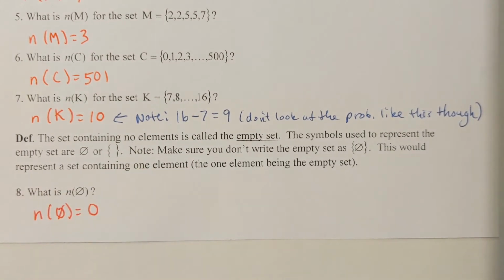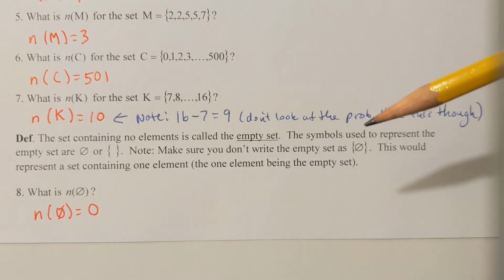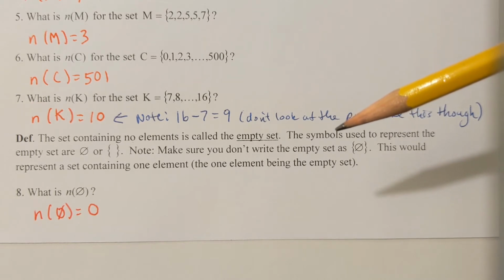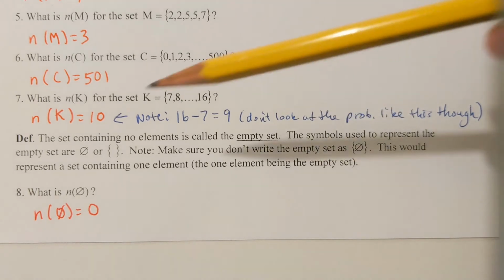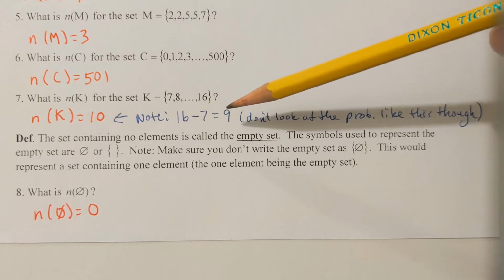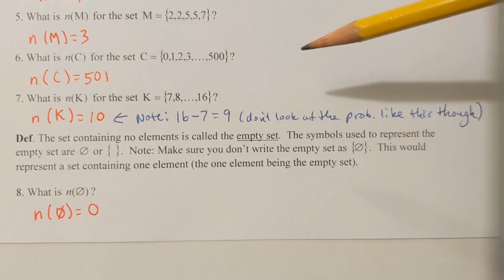If we go 7, 8, 9, 10, that's 4 elements, 11, 12, 13, 14, 15, 16, that'd be 10 elements there. So I would have had a wrong answer if I just would have said 16 minus 7 is 9.